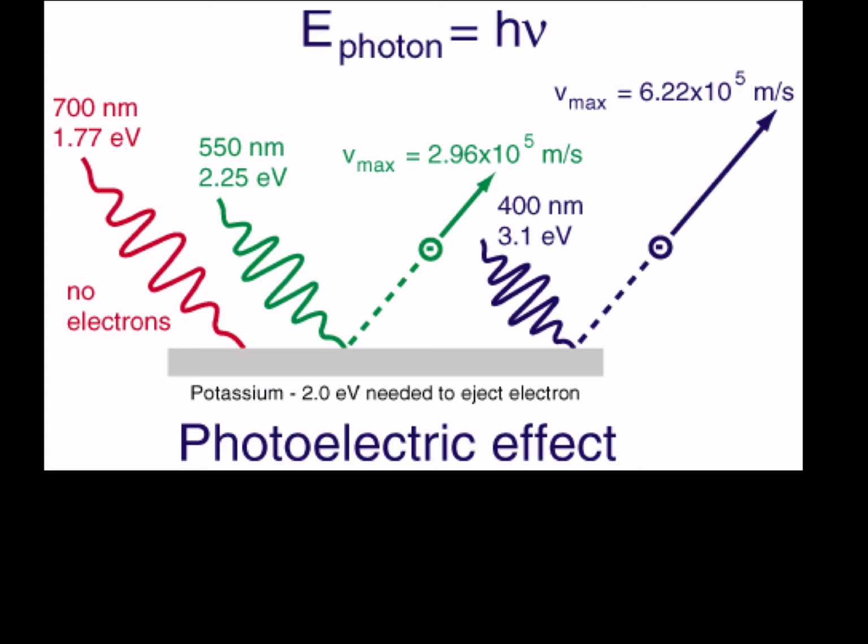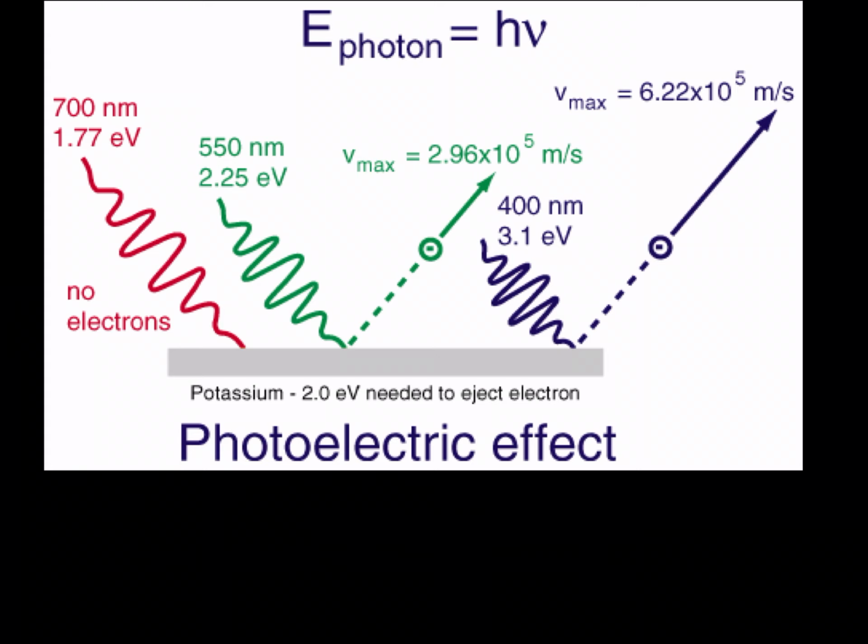It strikes potassium. Red light has a wavelength of 700 nanometers. Now, if we convert that to frequency and multiply it by Planck's constant, we get 1.77 electron volts. Now, that's its energy. That's the amount of energy a photon of red light has.